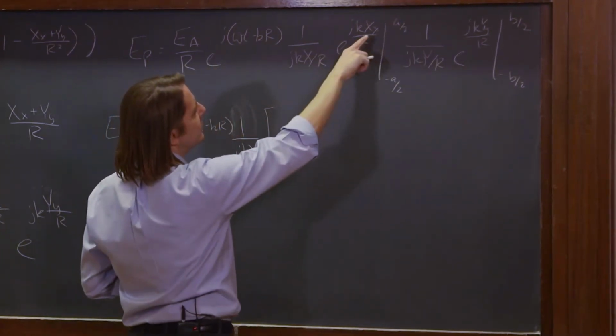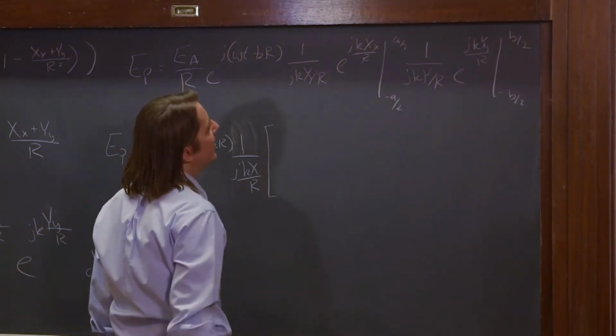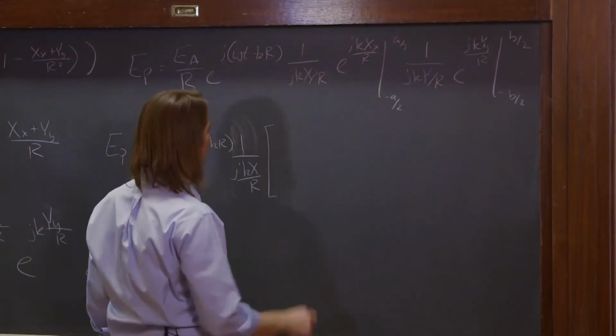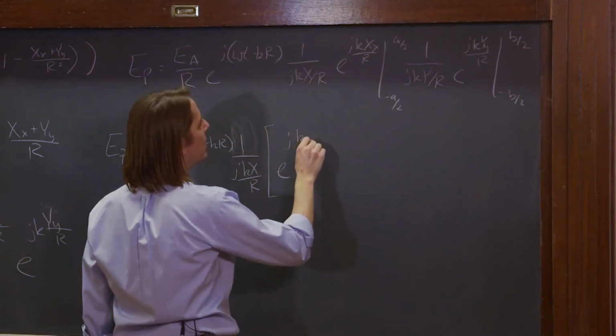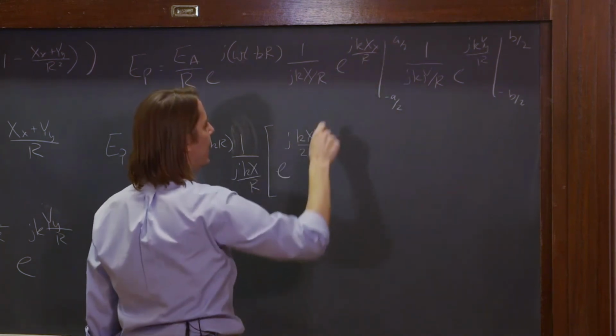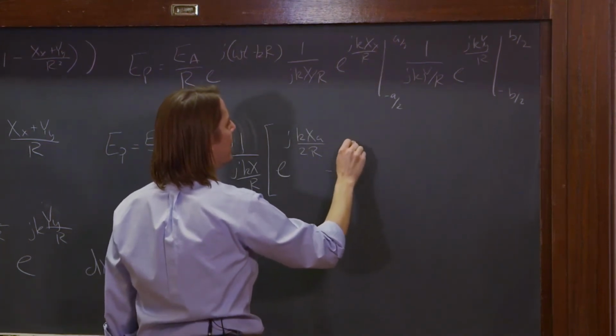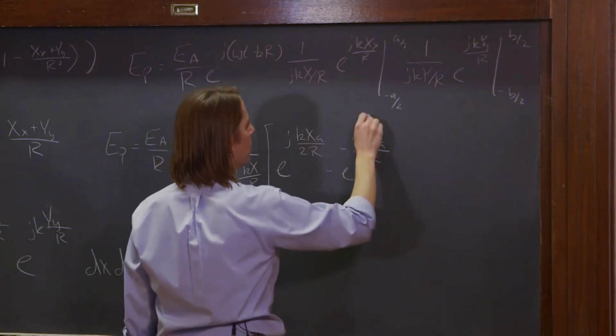Now we're going to plug a into that x. And it's really not going to do anything for us. It's going to become e to the jk X a over 2r, it's the half, minus e to the minus jk X a over 2r.